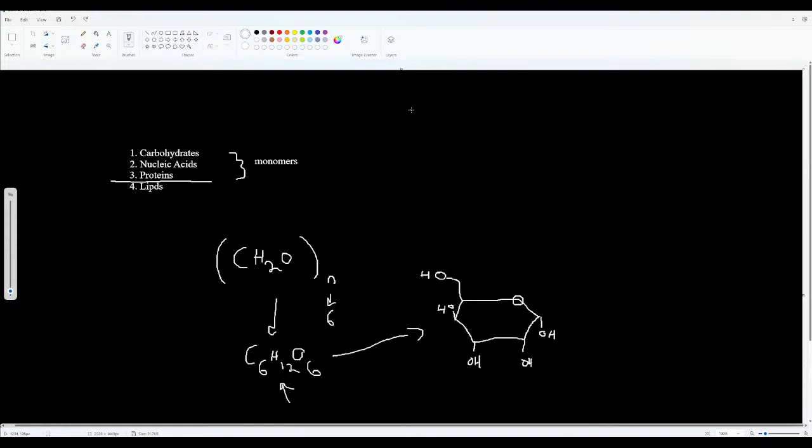Just know that this is one monomer of sugar. This is one glucose molecule. So you will at the very least see this on your exam. Just have to know the general structure of what glucose or what a sugar may look like. Just has a bunch of OHs surrounding it. There's almost always going to be a ring.